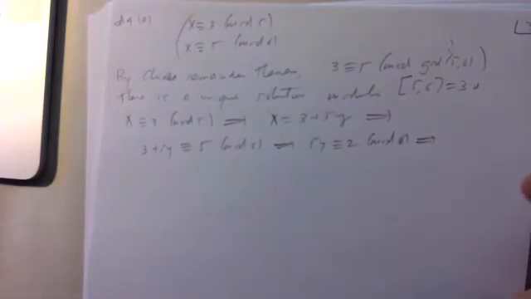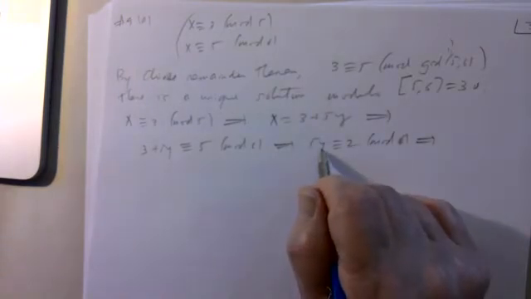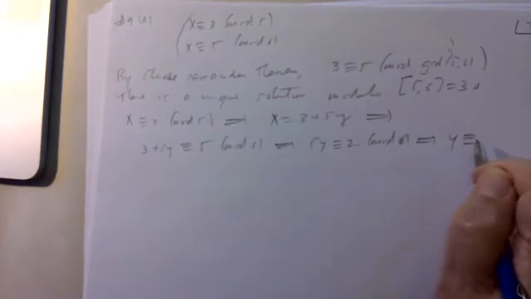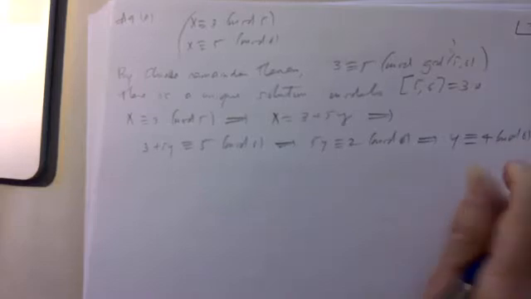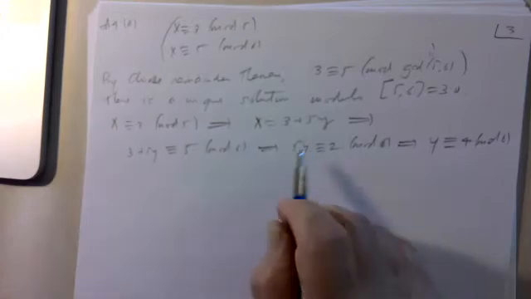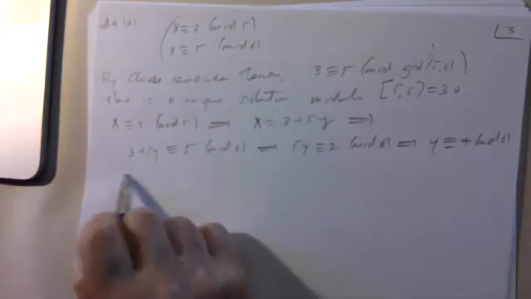If nothing else, you can just do it by trial and error. Plug in 0, 1, 2, 3, 4, and 5 for y until you find a solution. And this one solution is y congruent to 4 mod 6. Because 5 times 4 is 20, 20 minus 2 is 18, and 18 is 6 times 3.